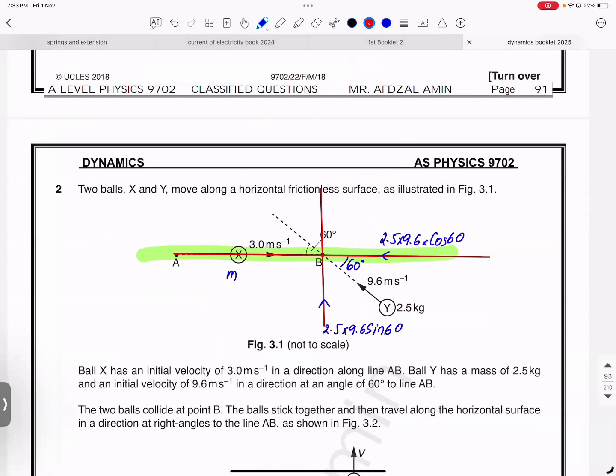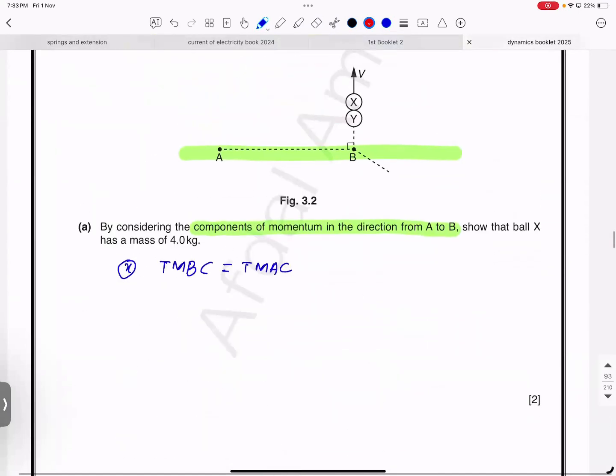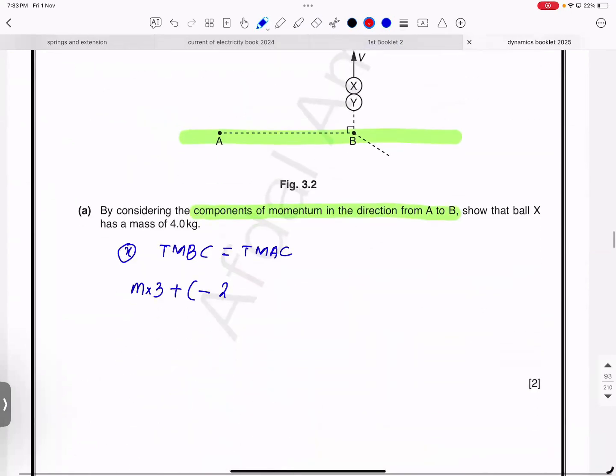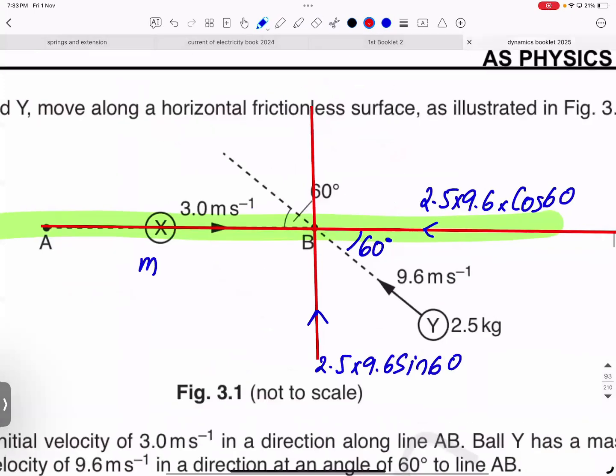So M times 3 plus negative 2.5, 9.6 cosine 60. You should know why I used the negative sign. Because X was to the right side, so momentum of Y was to the left side, the resolved component. Yes?